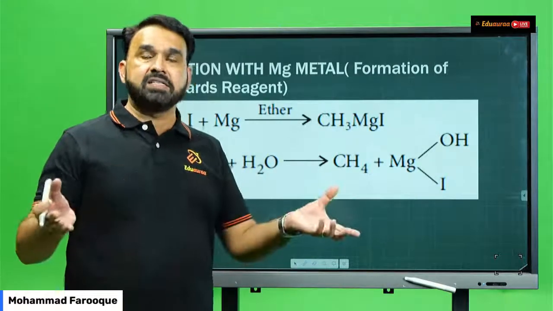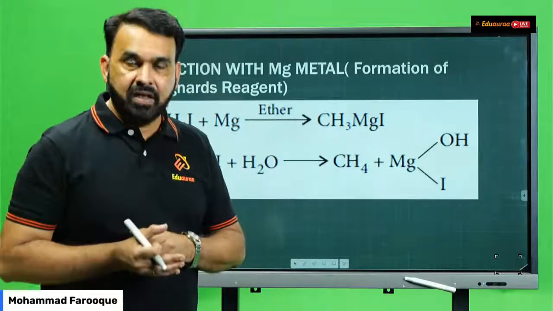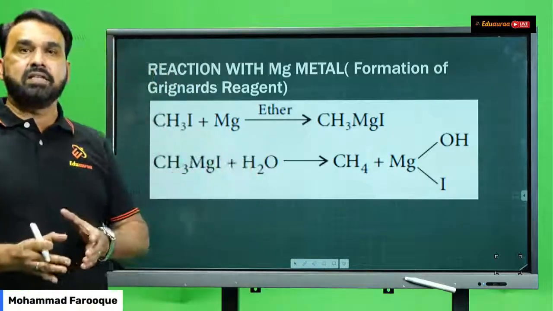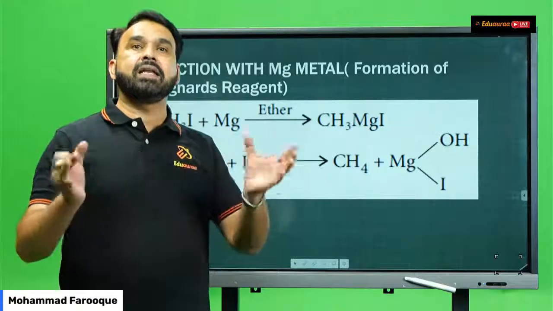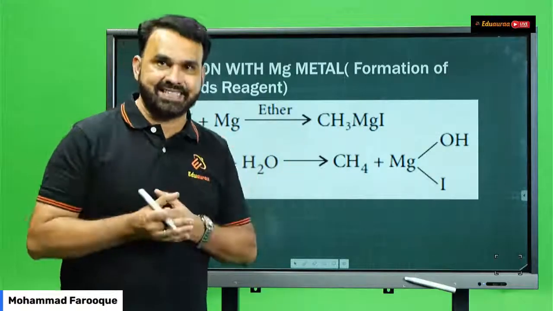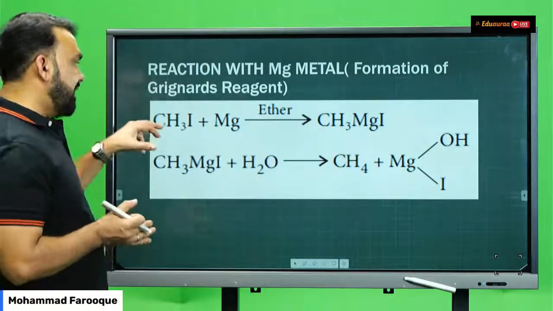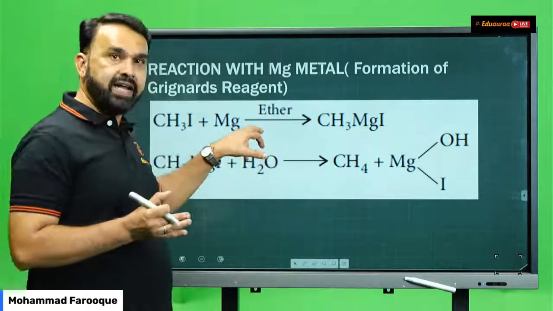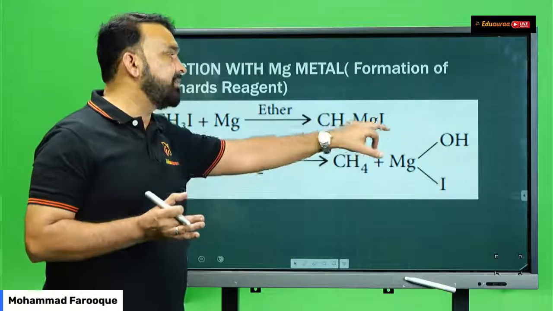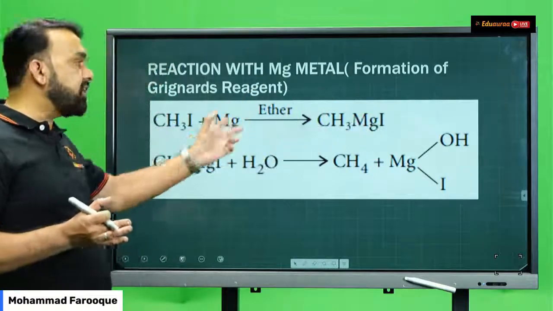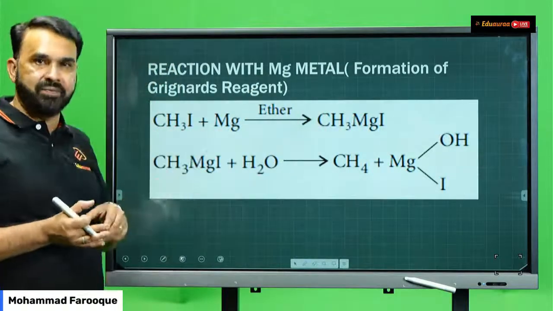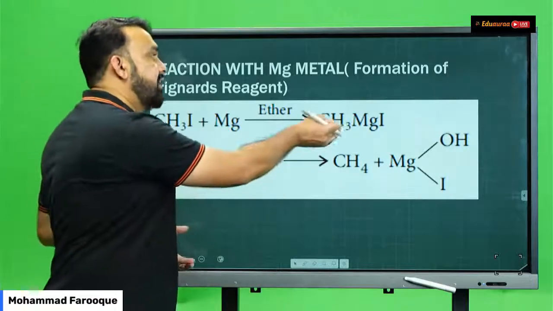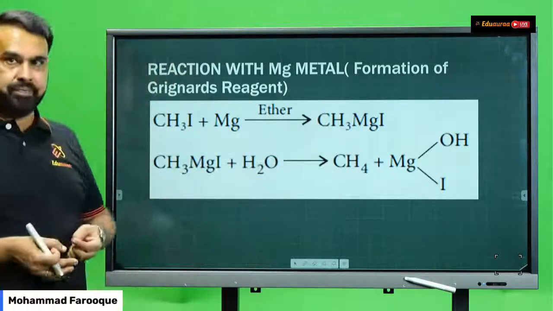What is a Grignard's reagent and how is it prepared? A Grignard's reagent is generally represented as alkyl magnesium halide, RMgX. Here we see that when methyl iodide is treated with magnesium metal in the presence of dry ether, you get methyl magnesium iodide. That means there is addition of magnesium between methyl and iodine. This addition reaction forms the Grignard's reagent.